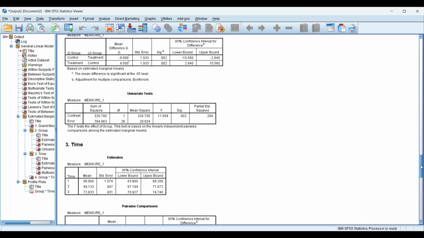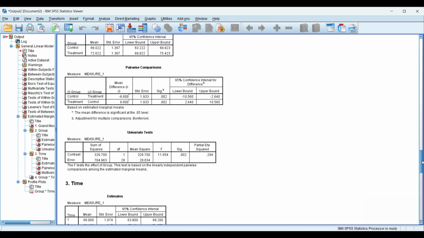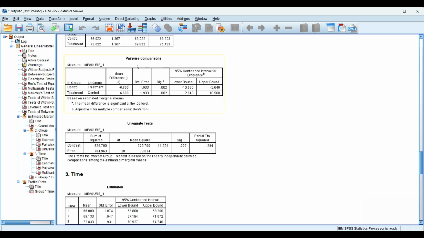Now we come to the other univariate test, pairwise comparison. You can see the estimated marginal means increased progressively from pre-test to week 2 and then week 2 to week 4, indicating continuous improvement over time. This is also significant because the p-value is lower than 0.05.